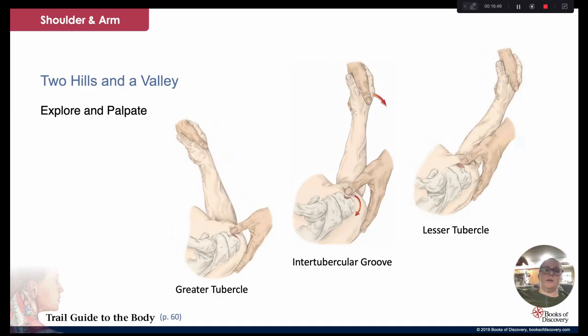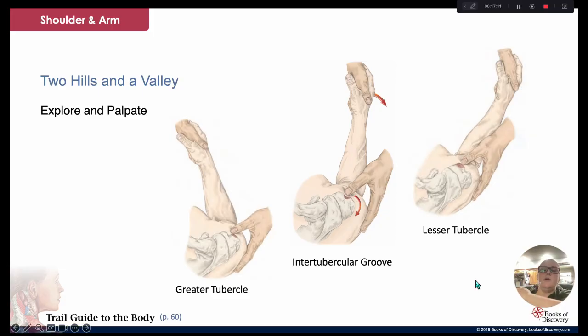Right, we have something called the two hills and a valley. The first picture shows something called the greater tubercle. That is going to be more, how do I explain this, more posterior to the lesser tubercle.